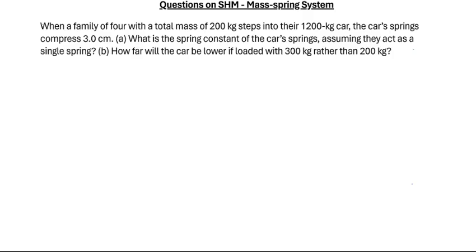Alright, now the first thing is to list all our parameters out, and the mass given to us is 200 kg. Now, don't go ahead and add this and this together. The reason is that you have a car, and the car has a shock absorber which has a spring.